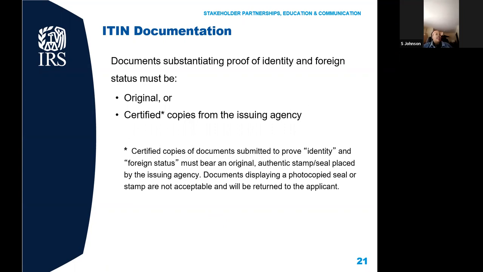So I can't take it to a notary public and have somebody sign off on it. The United States government prohibits a notary public from certifying this documentation, because a notary public can only notarize things that were issued in the United States. So it has to be certified or the original document.